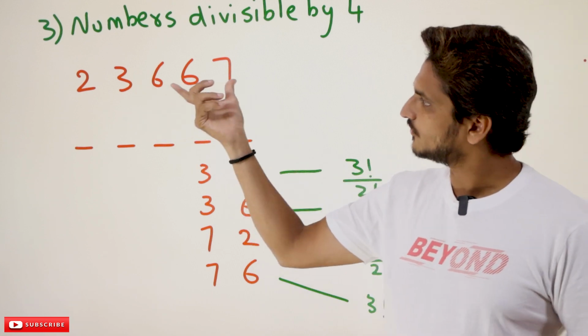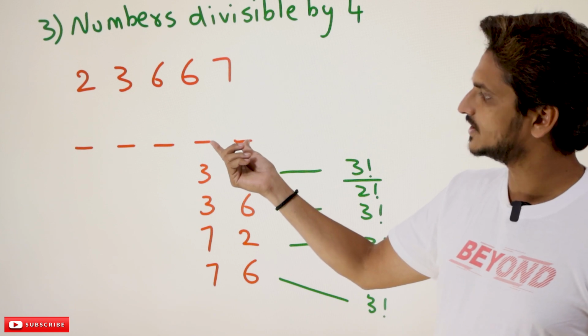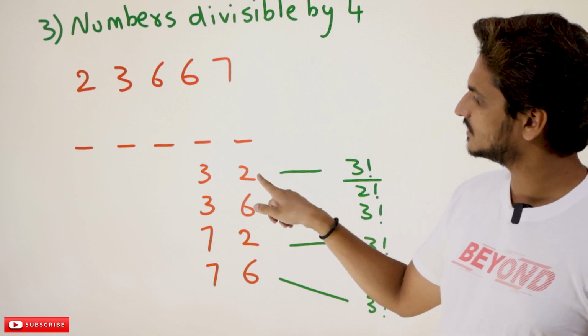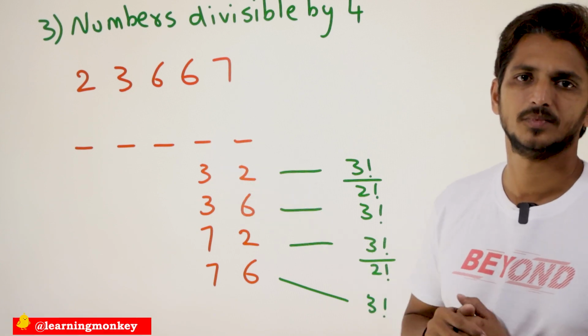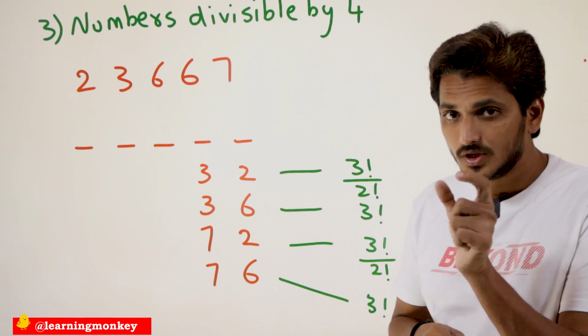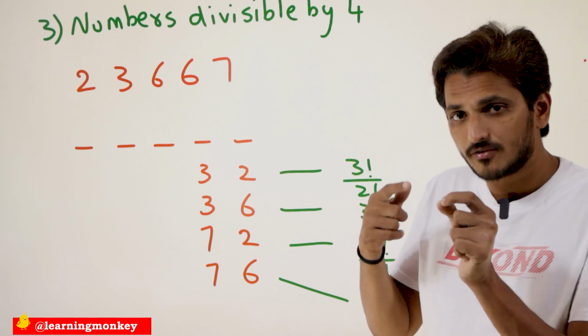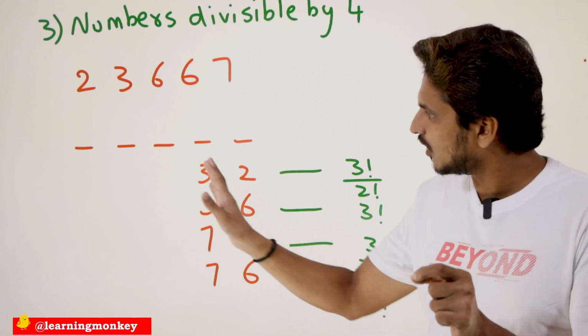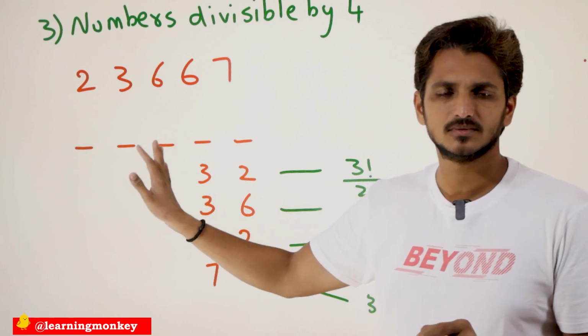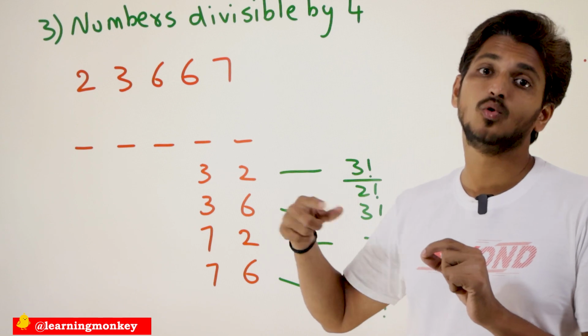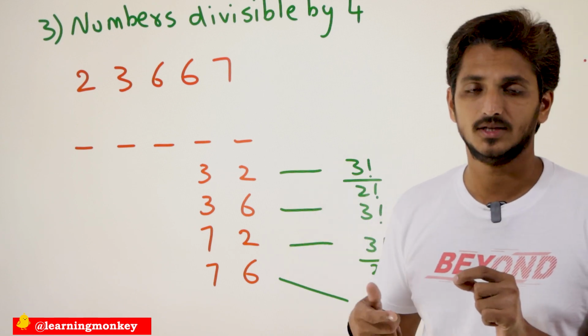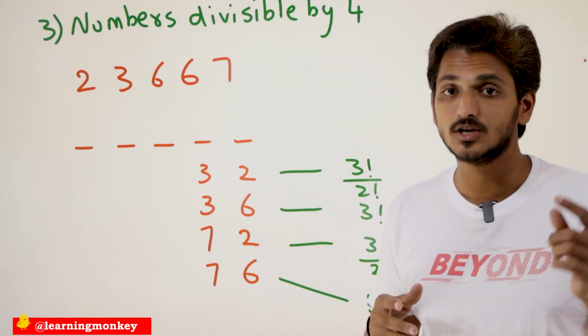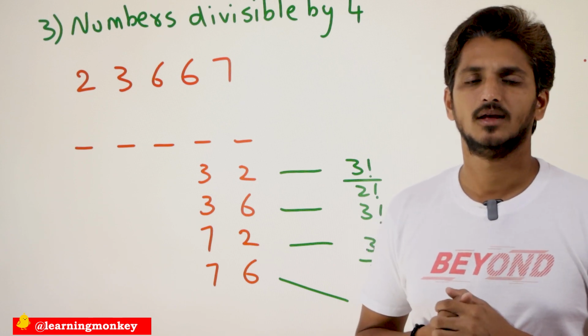From these 5 digits, you can place 2 digits in the last two positions. Say you place 3 and 2, meaning 32. If the last 2 digits, 32, are divisible by 4, then whatever you place in the other positions, the entire number is going to be divisible by 4. This is the simple logic which we discussed in our aptitude playlist.